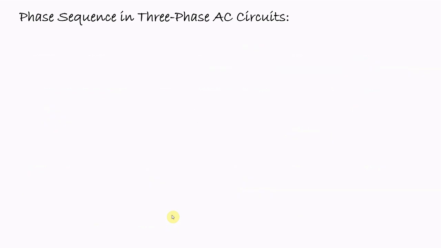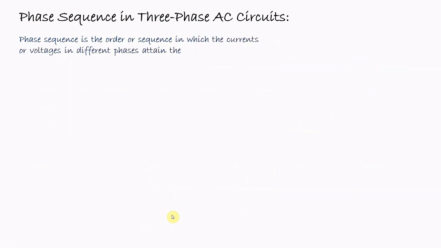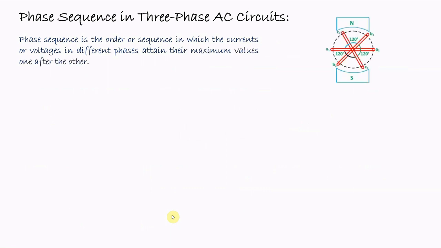Next concept is phase sequence. The phase sequence is the order or sequence in which the currents or voltages in different phases attain their maximum values, one after another.